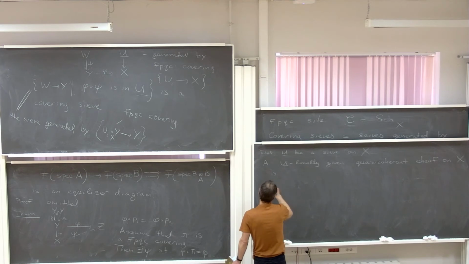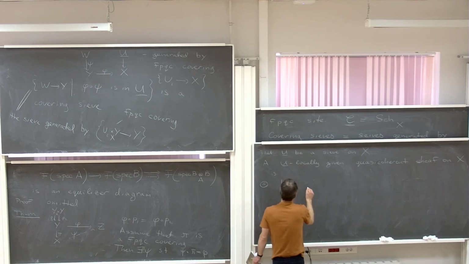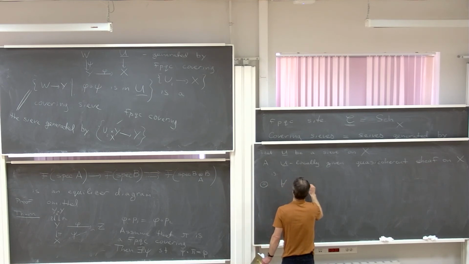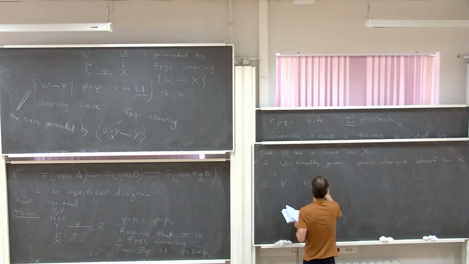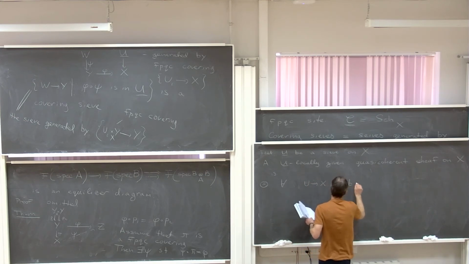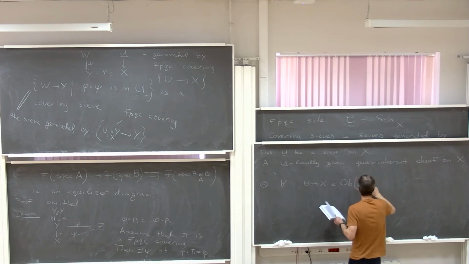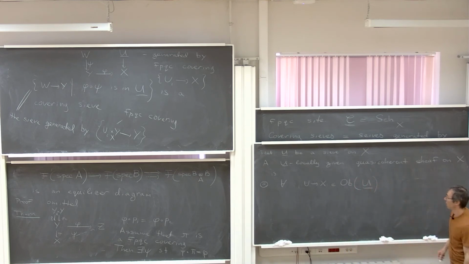So, well, it's the following. First, for every object, say U in X, this is an object of the sieve, right?